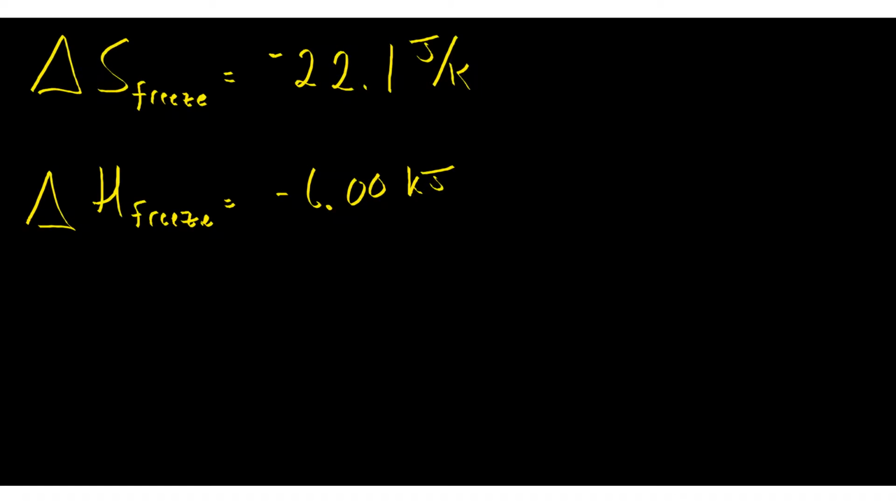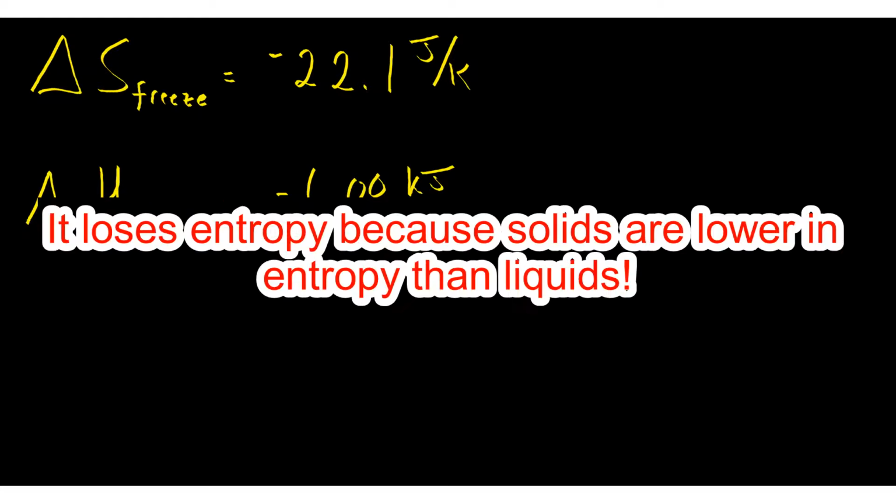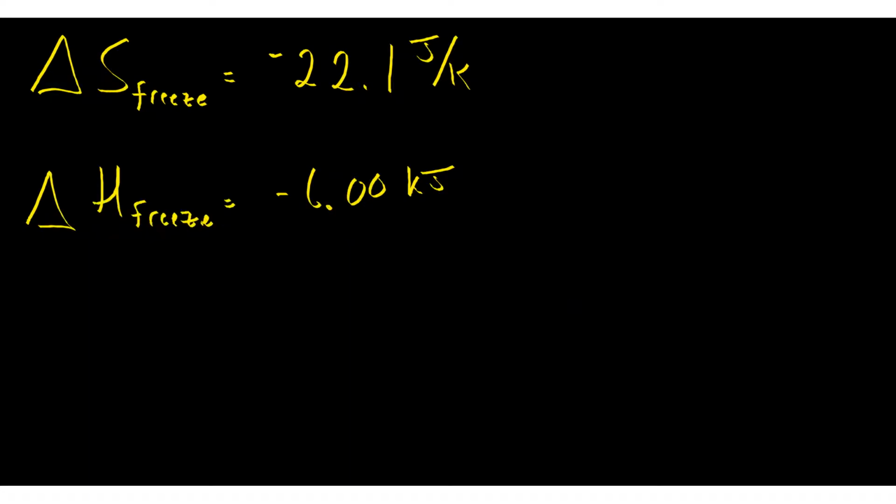Okay? So when water freezes, it loses 22.1 joules per Kelvin of entropy. And when water freezes, it also loses 6 kilojoules of heat. All right, so those are our two factoids.